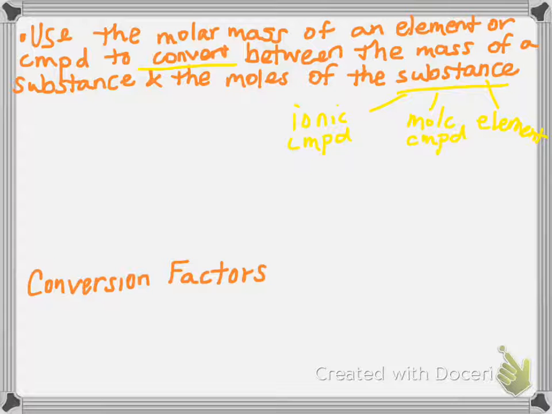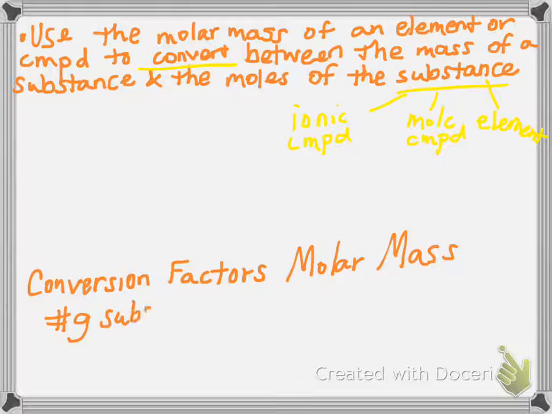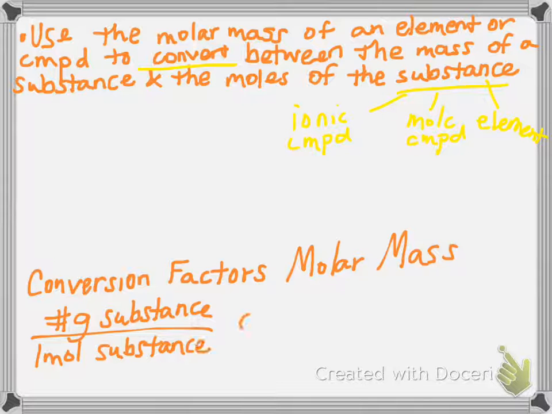So that gives us this conversion factor, which is molar mass, that we just reviewed, but we're going to put it in our notes again: some number of grams of a substance over 1 mole of that same substance. Remember, the power of these conversion factors is that I can put my units wherever I need them to be.